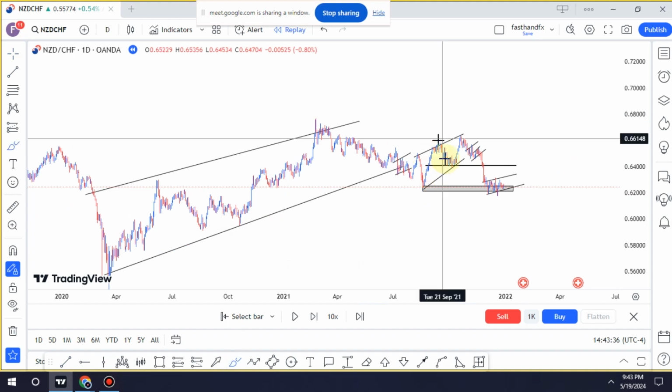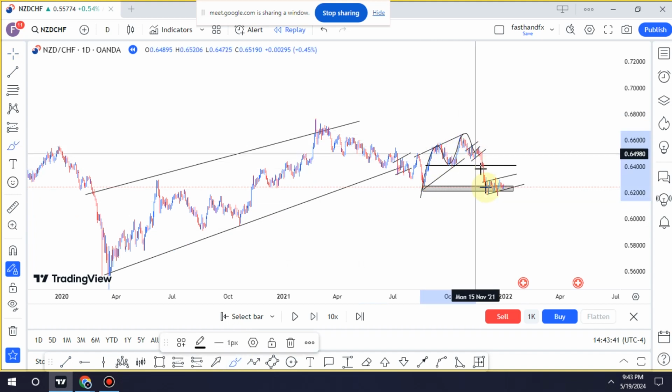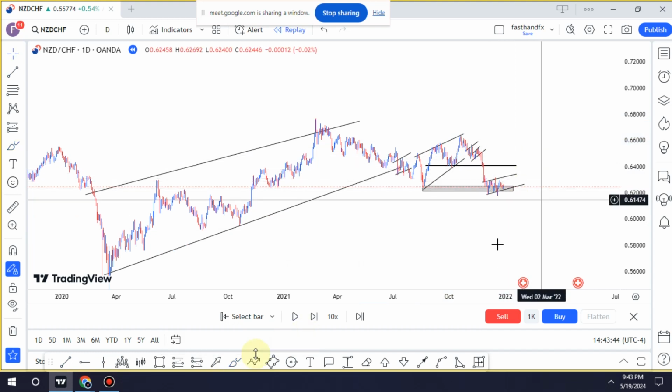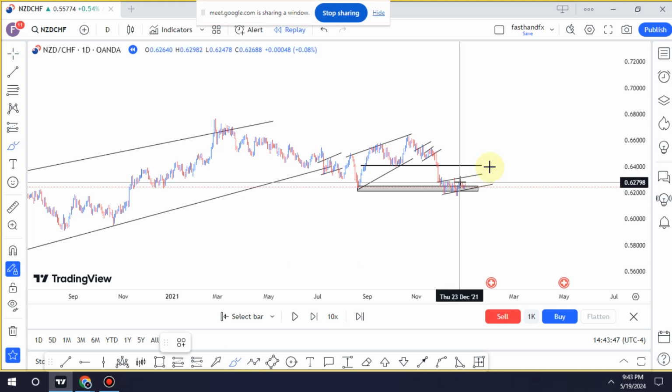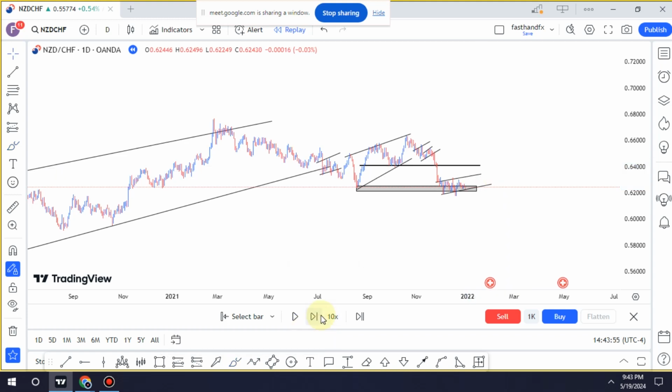Actually I'm seeing we had another confirmation right there. That's a double top, then of course correction. So let's see if price goes to retest this level, and if we get a continuation, then that's a confirmation for us to take our entry.